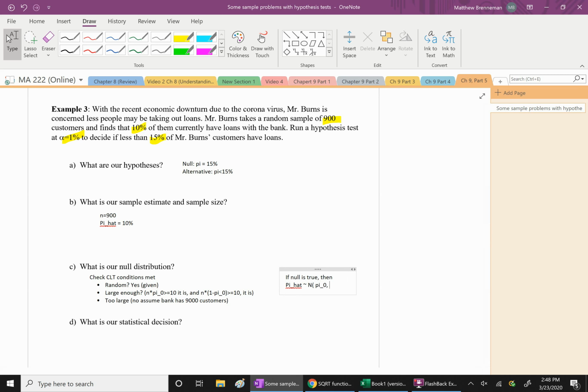They're centered at pi naught, and the standard deviation is the square root of pi naught times 1 minus pi naught divided by n.